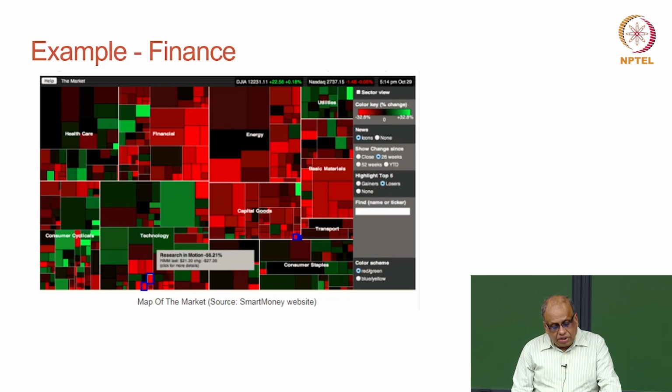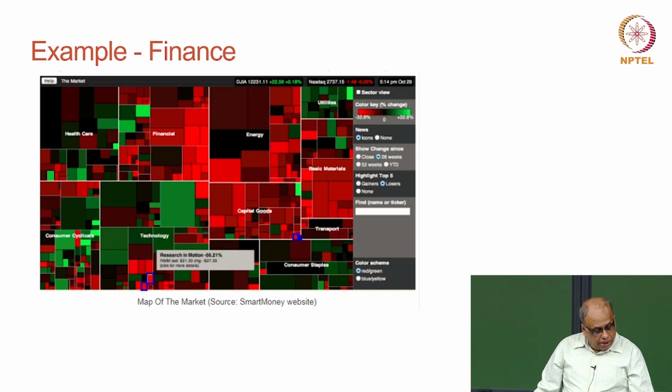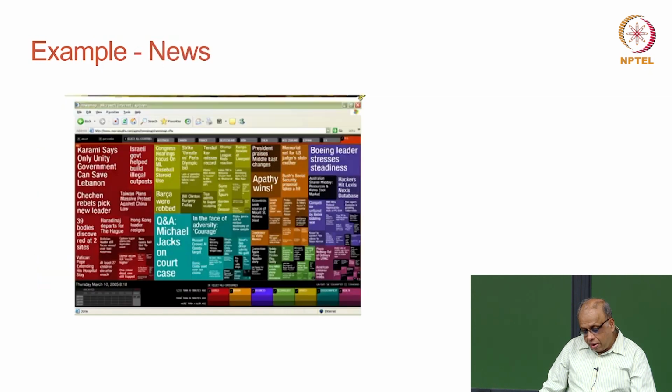So this kind of visualization is very good because it effectively captures the whole space. And also you can use other attributes, like the color, to give some other information about the hierarchy structure. Okay, so tree maps have been found to be a very good visualization for the data.